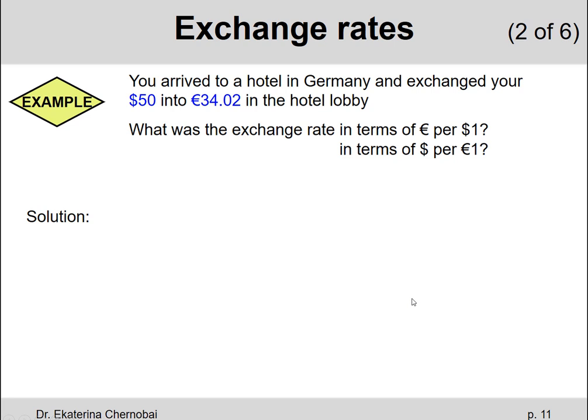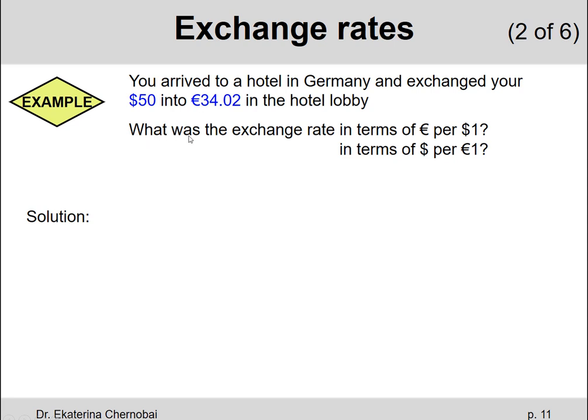Okay, let's do another example. You are traveling to Germany. You arrived at your hotel, you went downstairs to the lobby and decided to exchange $50 into euros. The person in the lobby gives you back 34.02 euros.